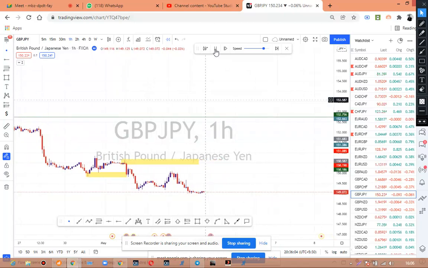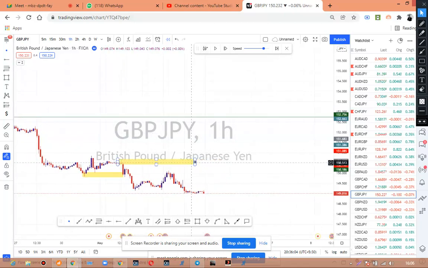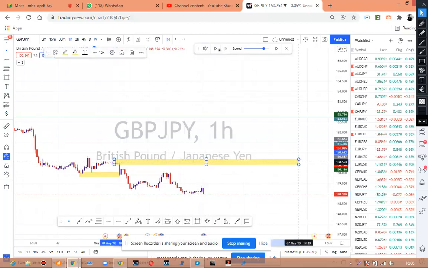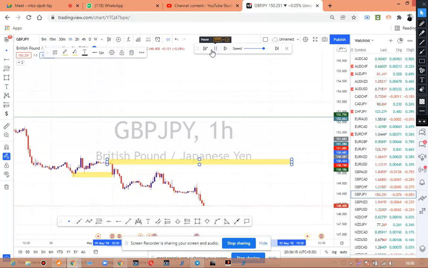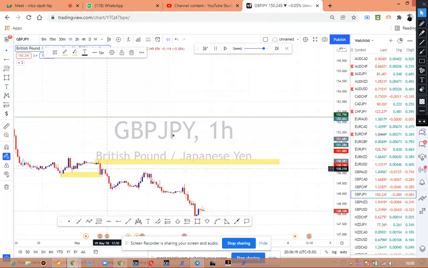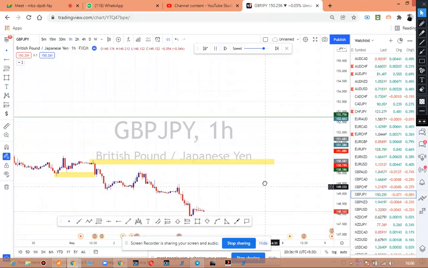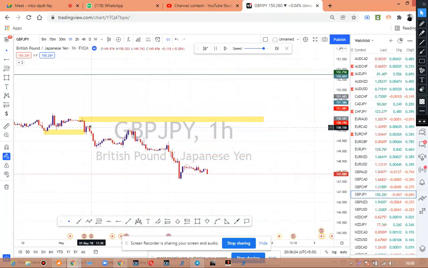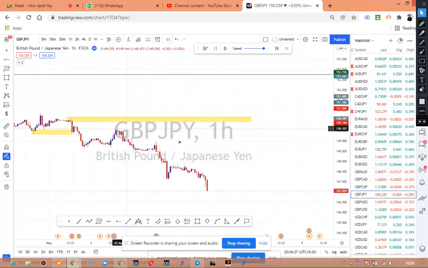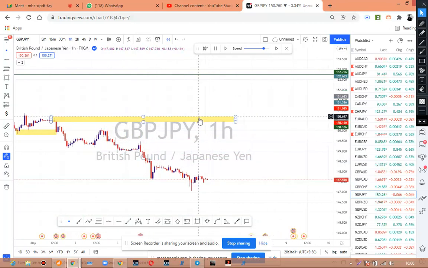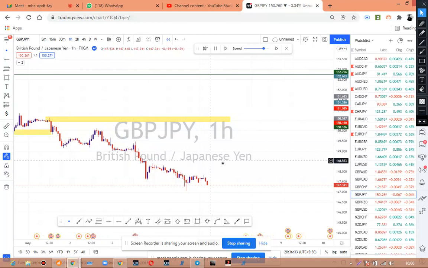Since the market never came back to that level, also we have a very tiny supply zone here. If you check the 15-minute time frame, we see there's a supply zone here, but I didn't make use of it. This is the 1 hour, so I'm making use of the 1 hour extreme supply and demand zone.